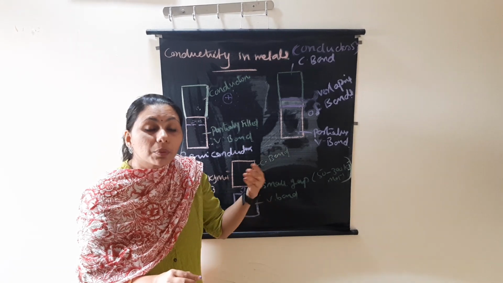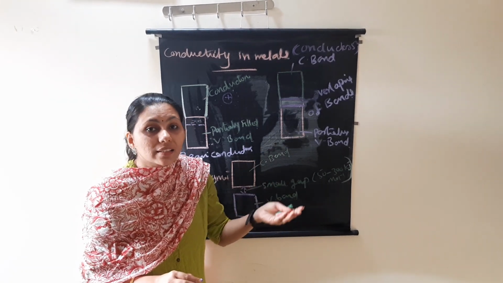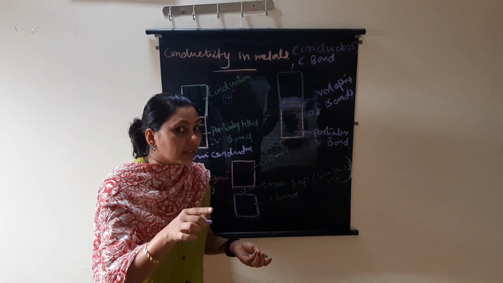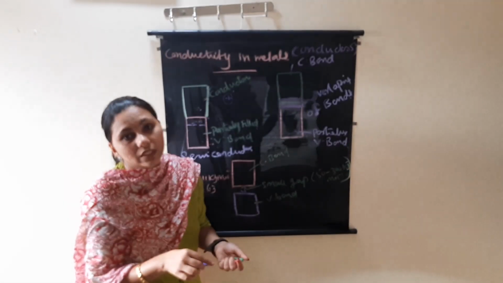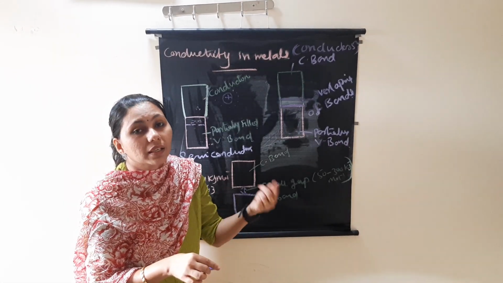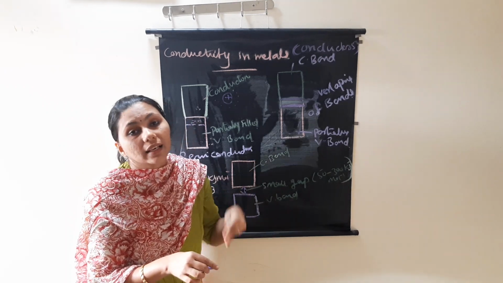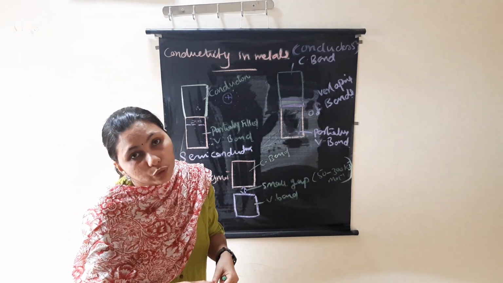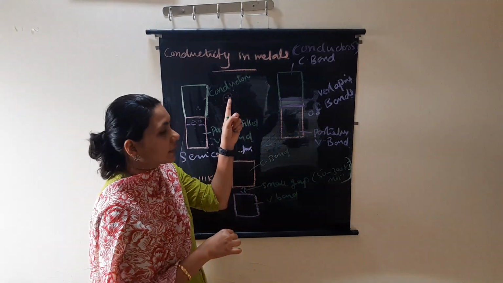That prevents the free movement of electrons and increases the resistance. Resistance increases, so conductivity decreases in metals or conductors. Clear?